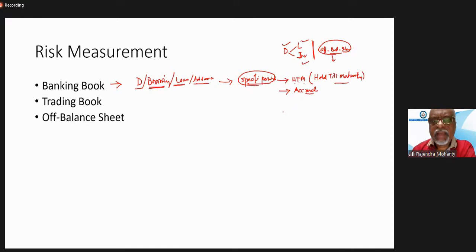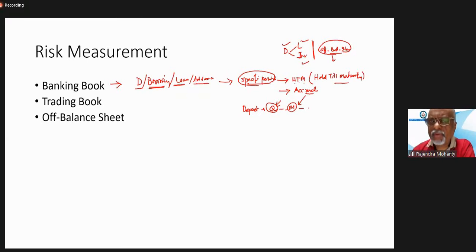In deposit, borrowing or loan, when we charge the interest, say in a savings deposit, every quarter we charge, so quarterly the interest is accruing. In case of fixed deposit, it can again be monthly or quarterly, at simple rate or compound rate, so those are accruing.